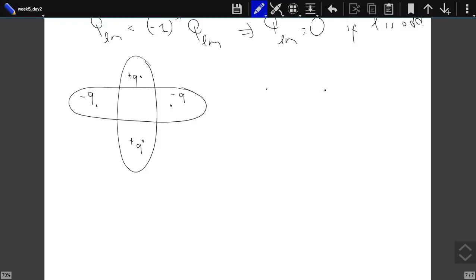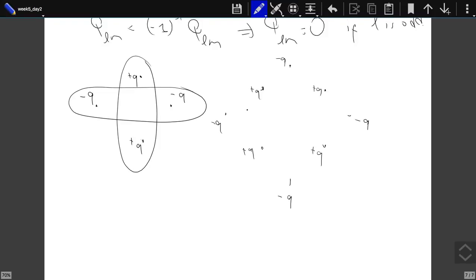Or you can look at this configuration. Plus Q, plus Q, plus Q, plus Q. And let's say I have minus Q's over here. Minus Q, minus Q, minus Q, minus Q. This will have 0 monopole moment, 0 dipole moment, 0 quadrupole moment. It will have an octupole moment.